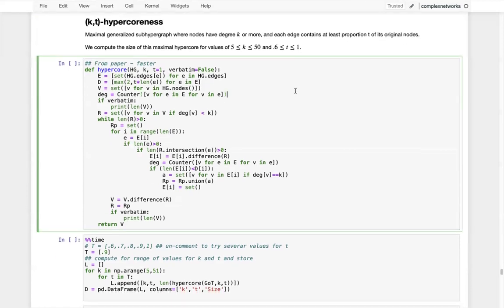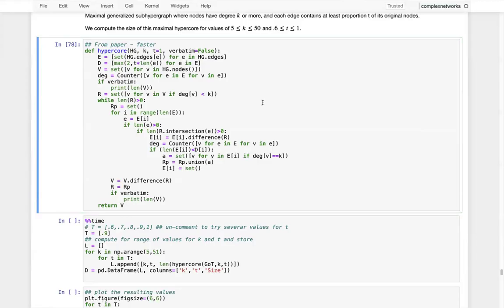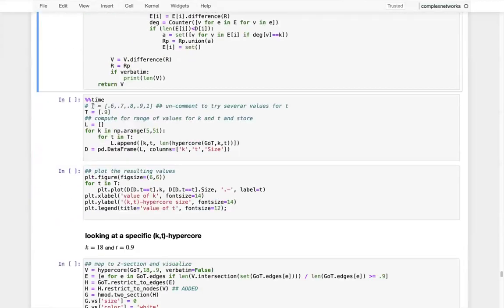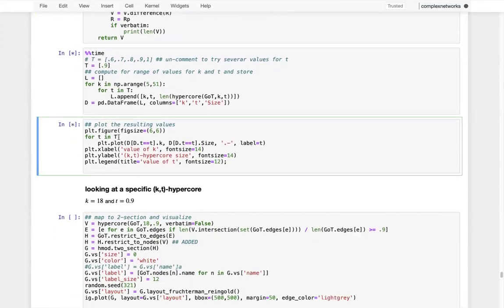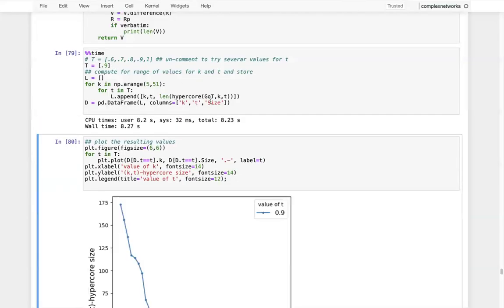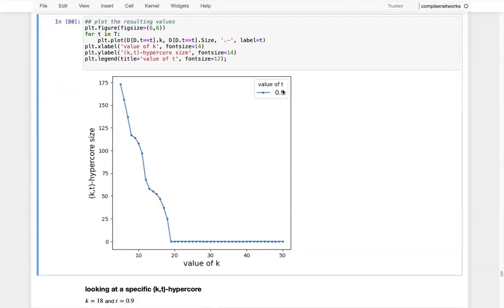And so here's a function that can allow you to compute hypercoreness for a hypergraph for values k and t. And you can uncomment this to compute a larger number of values because it takes a couple of seconds. But here I'm just going to compute it for t equals 0.9 and plot the result. So we have t equals 0.9, and then for different values of k, you have the size of the kt hypercore.